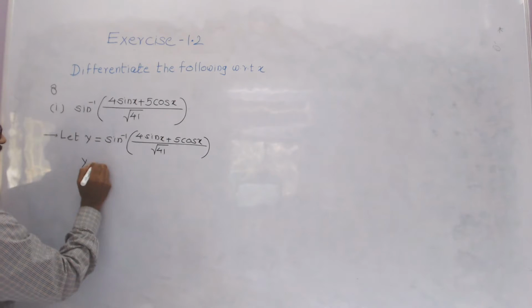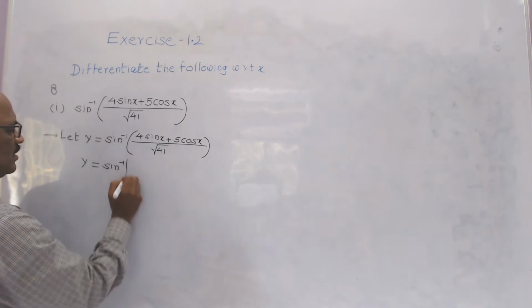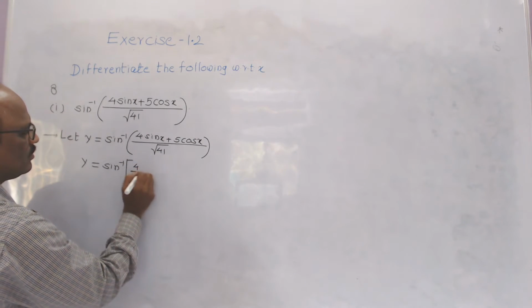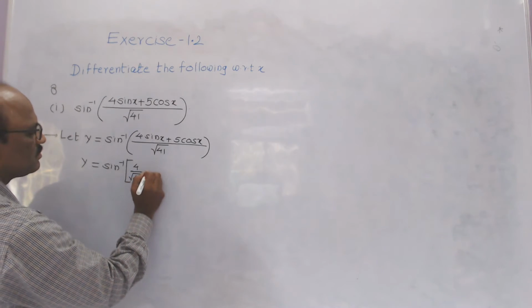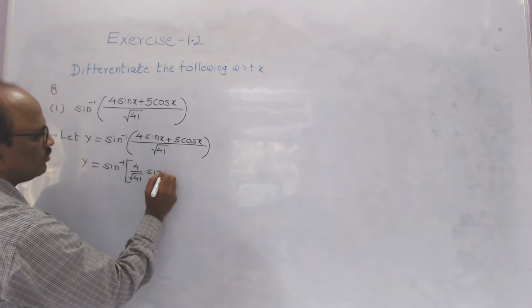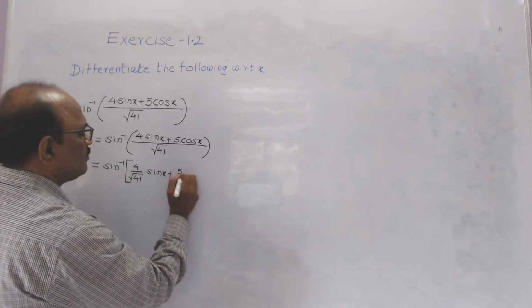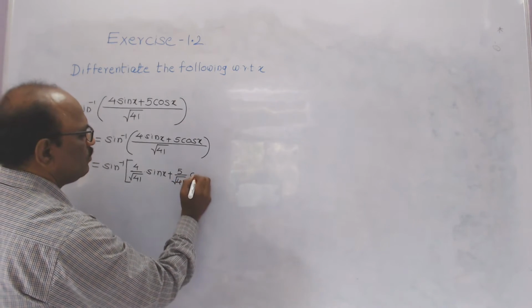Again this can be written as sin inverse in bracket, 4 upon root of 41 into sin x plus 5 upon root of 41 into cos x.